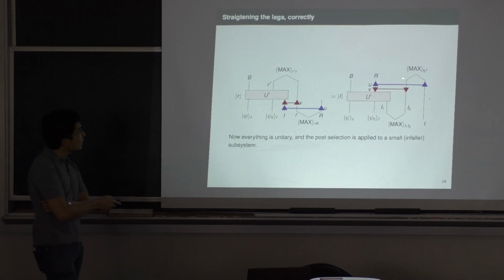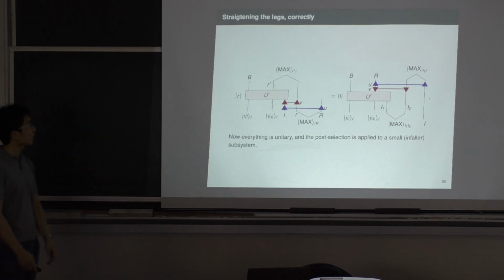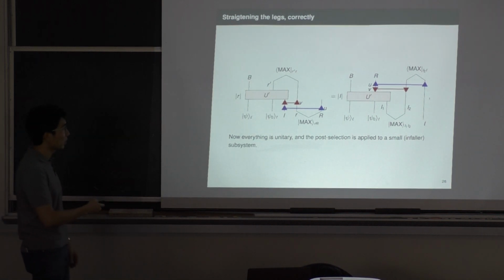You're still doing something non-unitary, but the thing that you're post-selecting on is no longer a huge system. It's a small system involving only the observer. Basically, I is the infaller, and I2 is some auxiliary system that we introduced for the sake of making the circuit unitary. So this is much smaller than R.